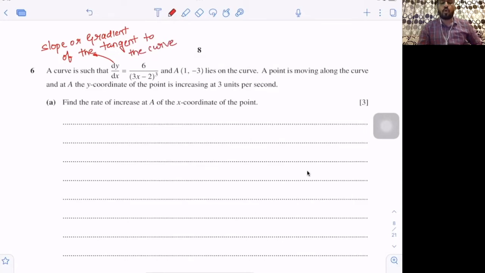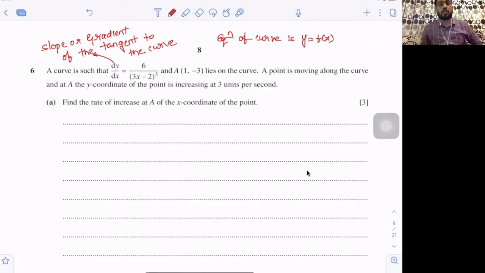So dy by dx is the slope of the tangent drawn to the curve. So I have dy upon dx. Now this curve will have some equation. Let the equation of the curve be y is equal to f of x, right?